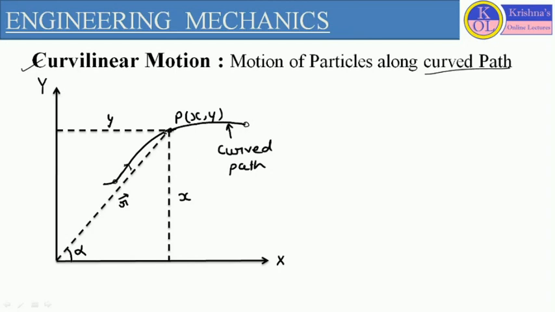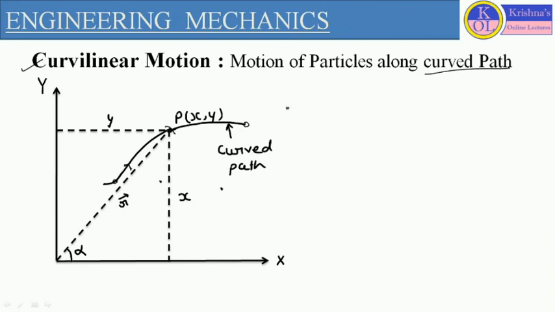This particle will not come back to the original position or the initial position, and the center of the curve can change. It will not be constant. So if the center of this particular curve up to a particular portion is here, after that portion the center of the curve can change to a different position.